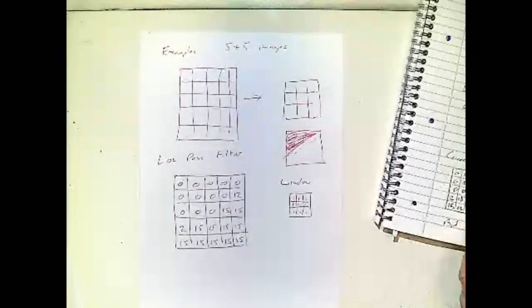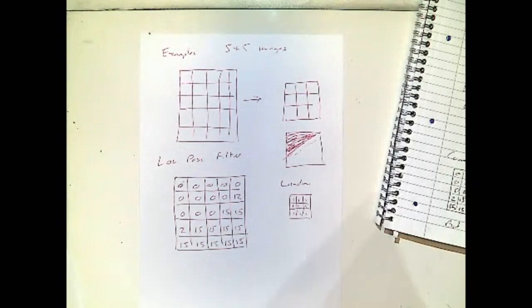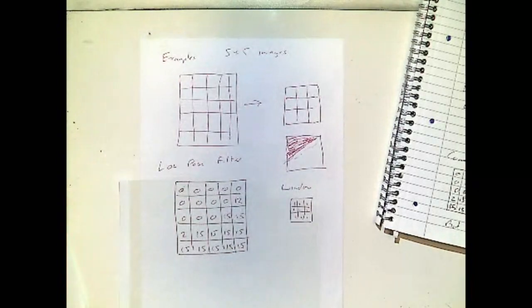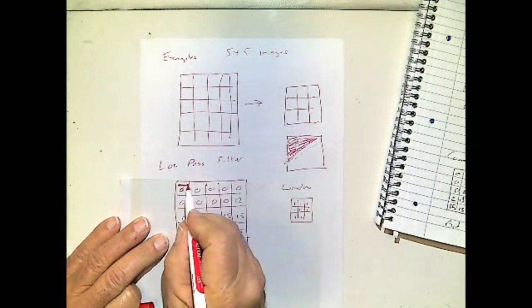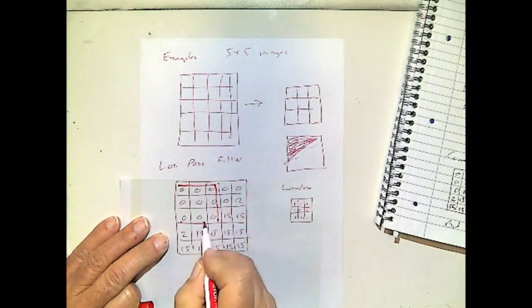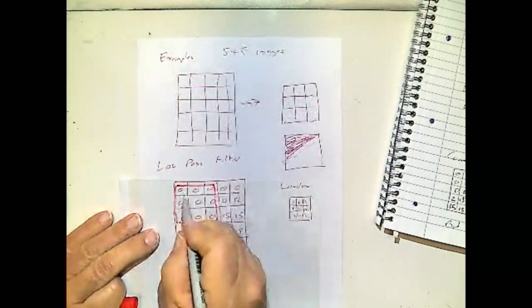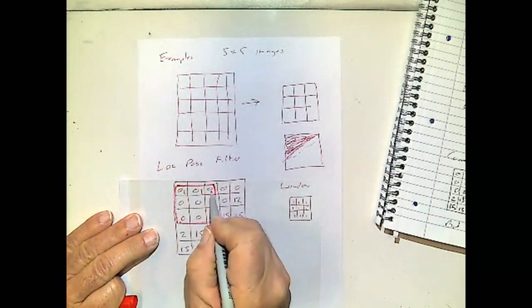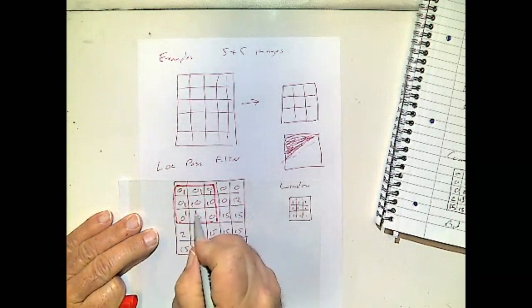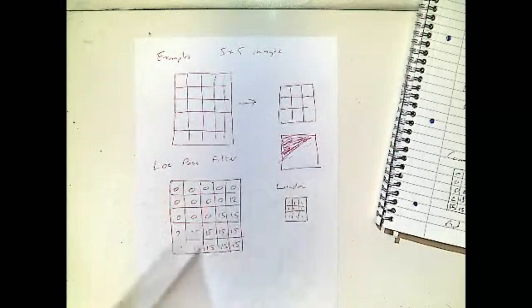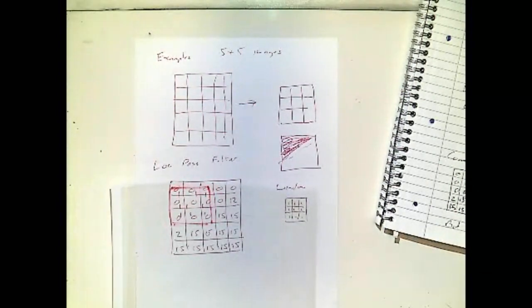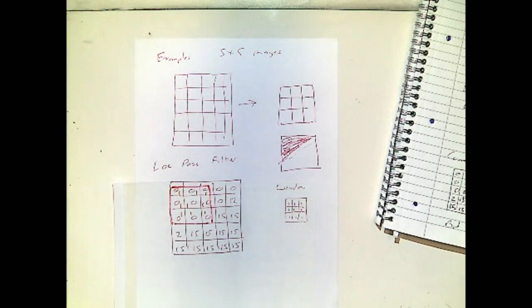In fact, let me see if I can do it this way. Those are the weights written in red. So there's the window, and it goes on the image, and it goes to the first position. We are in fact adding up the coefficient of the filter window with the pixel value of the image.